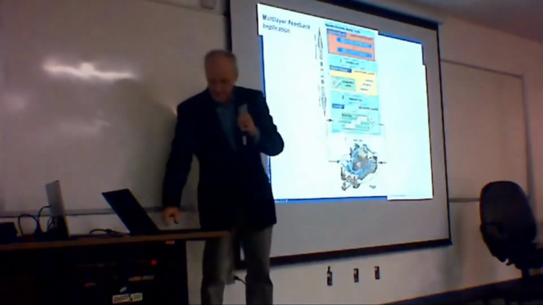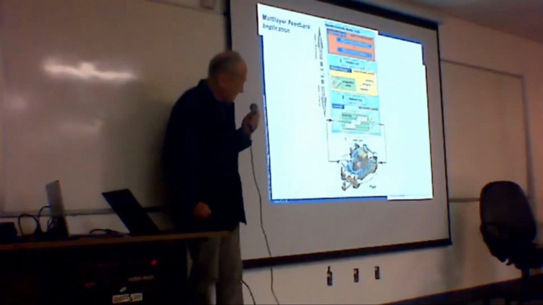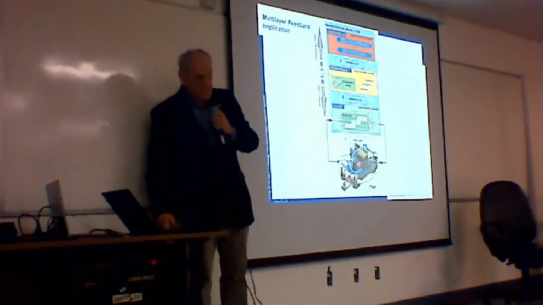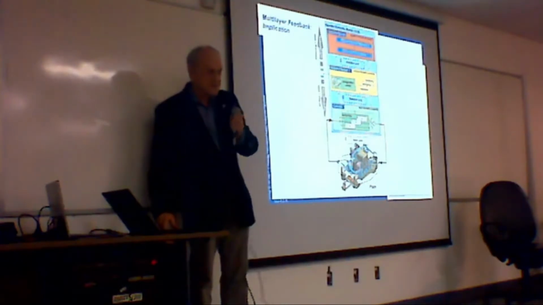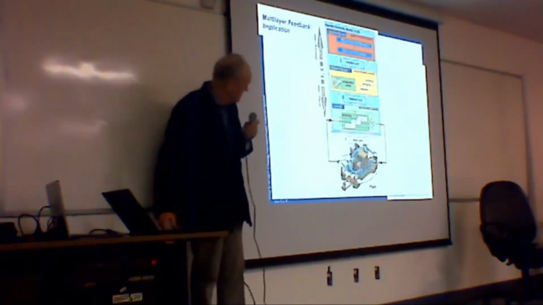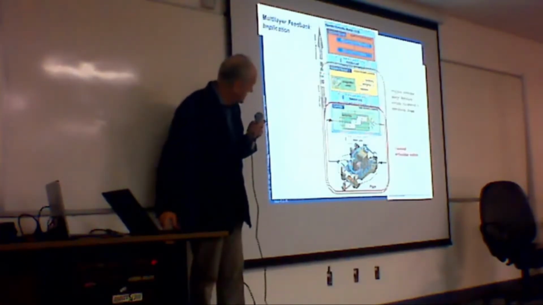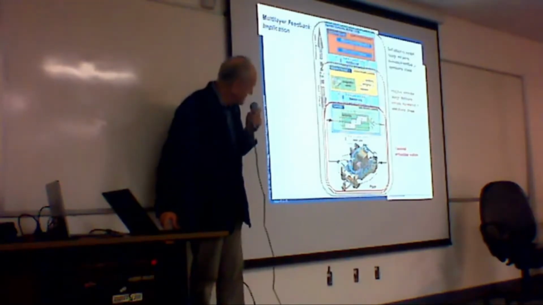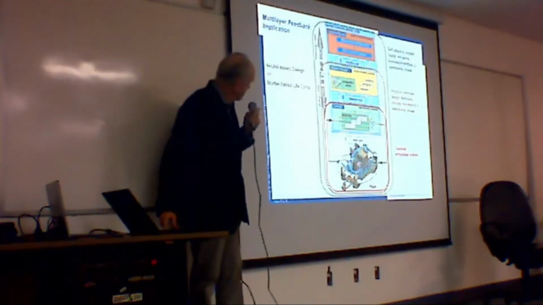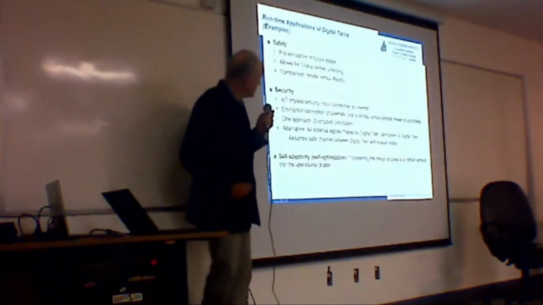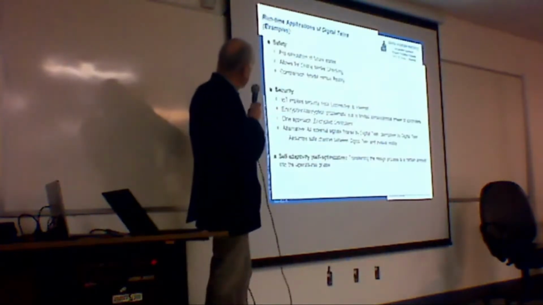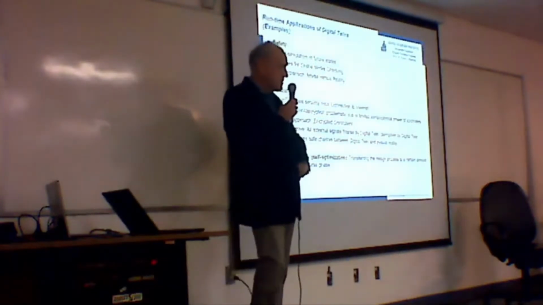This brings us to this example, but I always tend to be late, so I will skip this picture here. It just gives you various levels of feedback in the design. So what are digital twins good for?